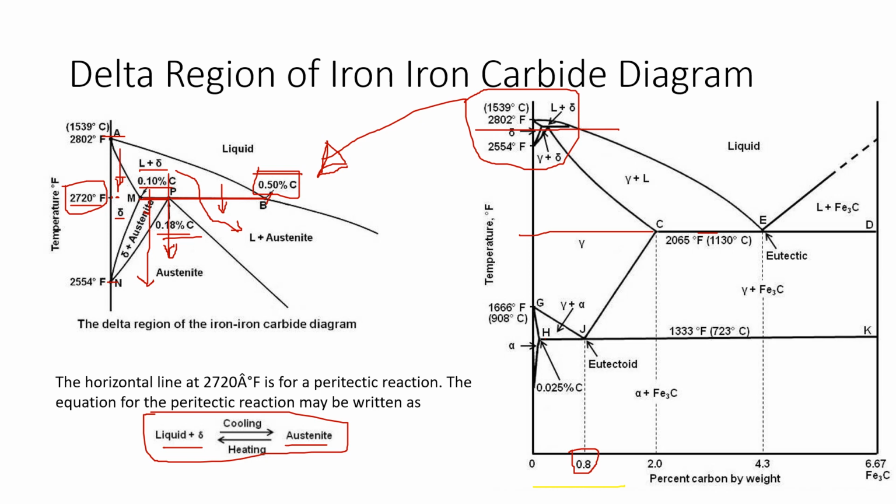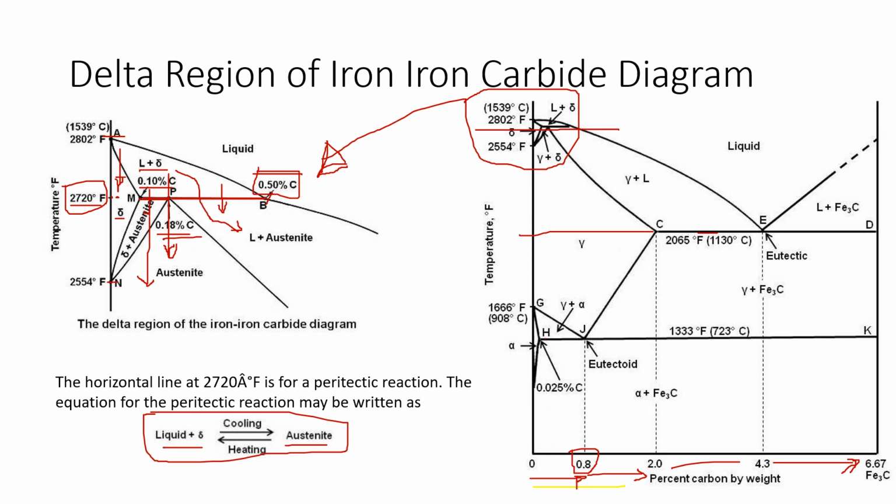The other regions, with respect to composition, are 0 to 0.8% carbon, the hypoeutectoid steel, and then 0.8 to 2% weight of carbon, and after that 2 to 4.3% weight of carbon, and then 4.3 to 6.67. These different portions will be explained further.